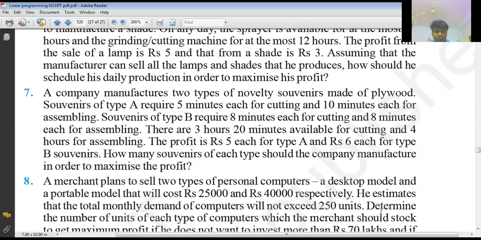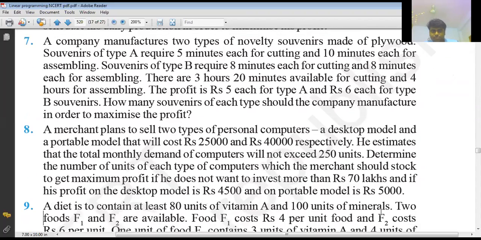So here a merchant plans to sell two types of personal computers, a desktop model and a portable model that will cost 25,000 and 40,000 respectively.